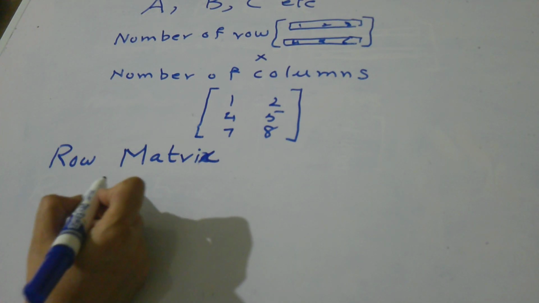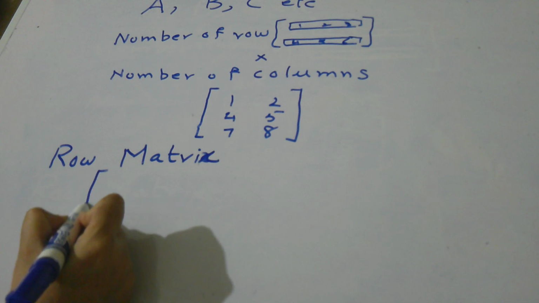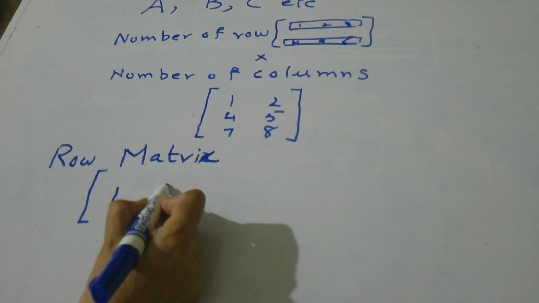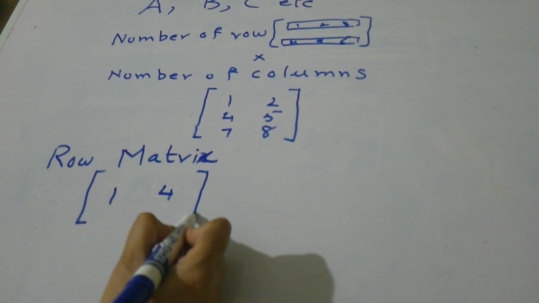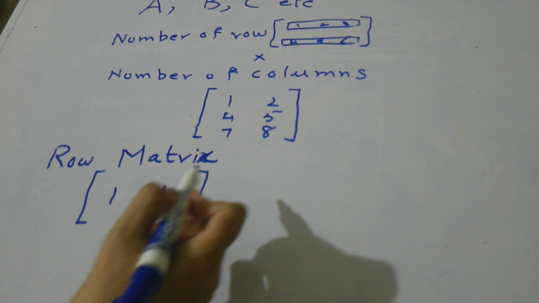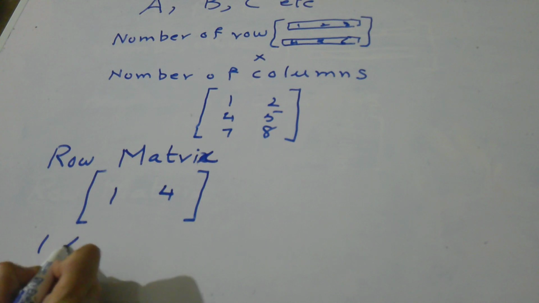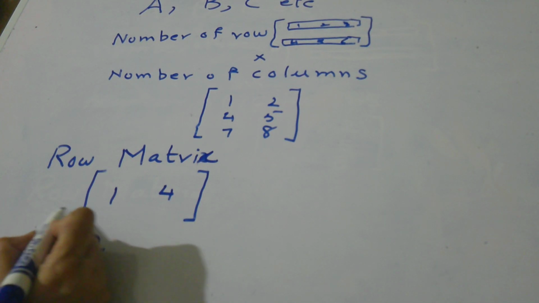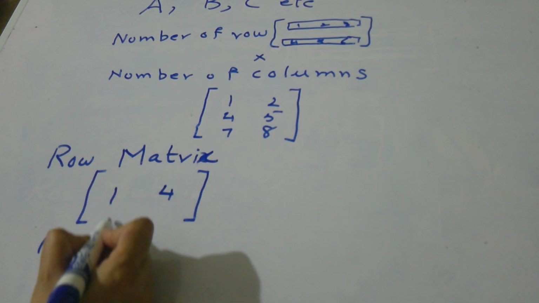For example, 1 and 4 is a row matrix of order 1 multiplied by 2: 1 row and 2 columns.